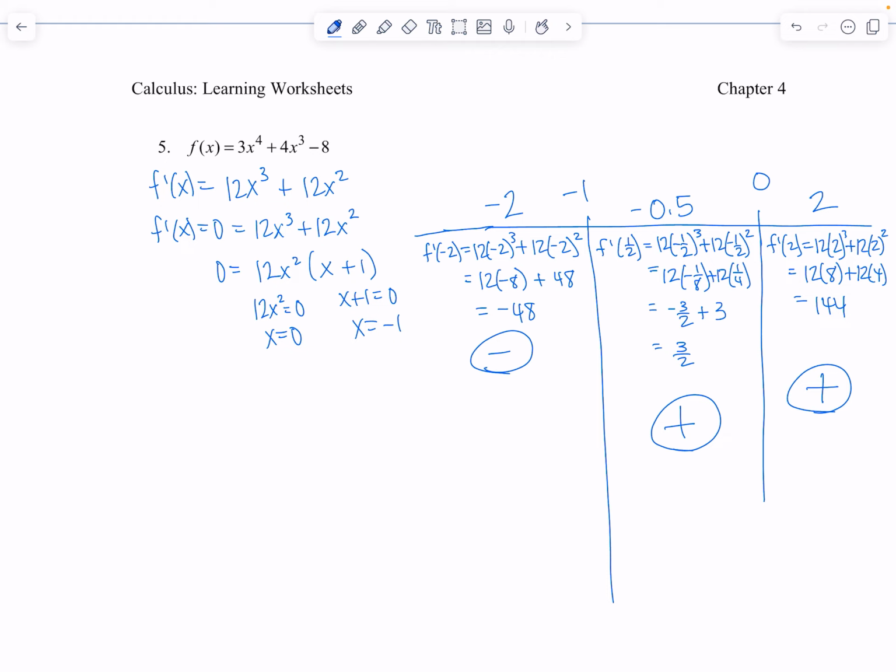So the function is increasing. And you may be tempted to say from -1 to infinity, but remember it's not increasing at the critical points. So we're going to say it's increasing from -1 to 0 and from 0 to positive infinity.